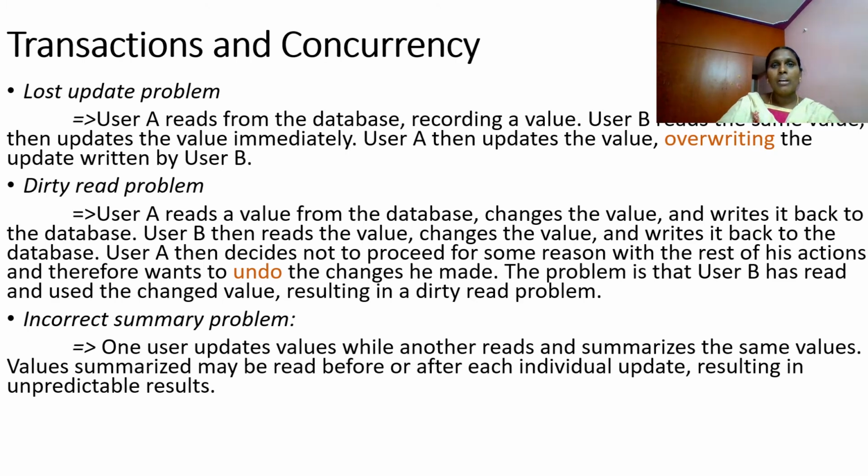For 5 products, he or she will get updated values, and for the other 5 products, not updated values. So this is the problem. This is called the incorrect summary problem. One user updates the values while another reads and summarizes the same values. These kinds of problems occur when you are doing concurrent transactions in web databases.